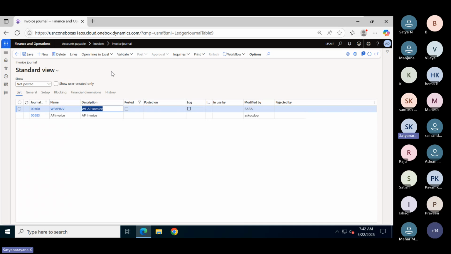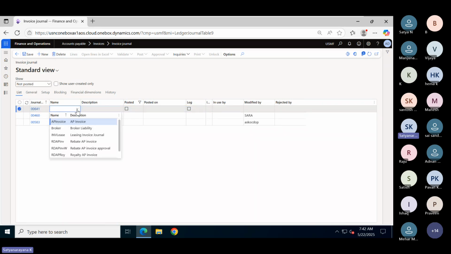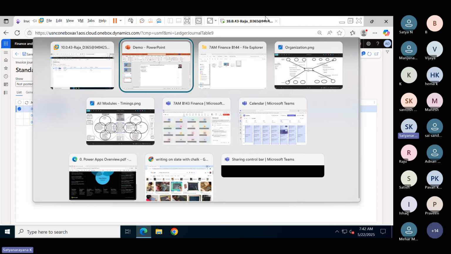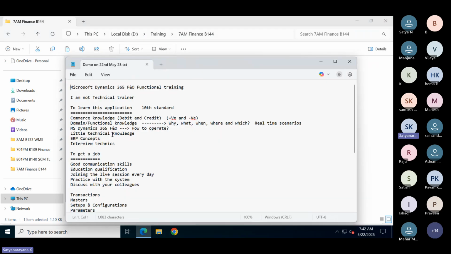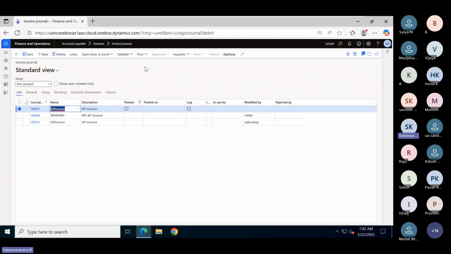Okay, so click on the new button. This is technical words. Select the journal name from the drop down. I told you, you are going to learn a little bit of technical knowledge. I'm not teaching you about the coding; I'm using the words, and you need to remember those words.